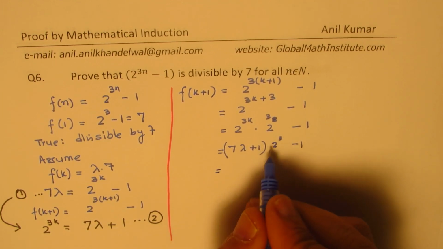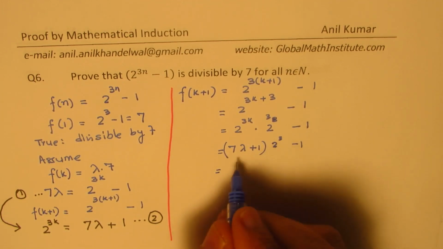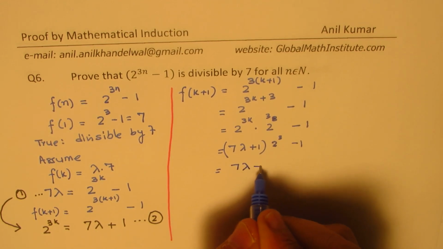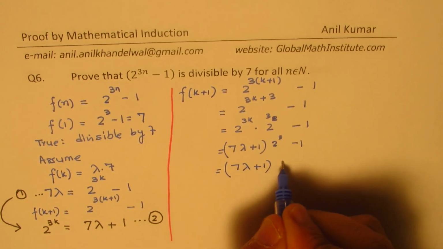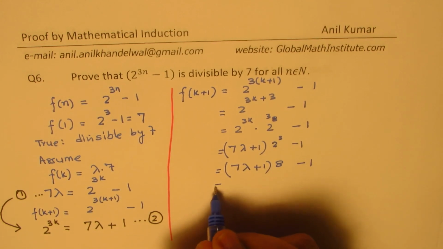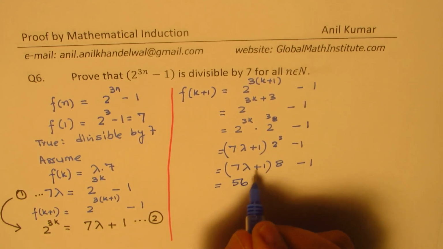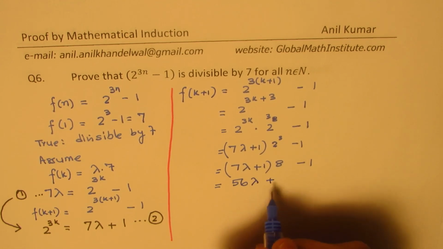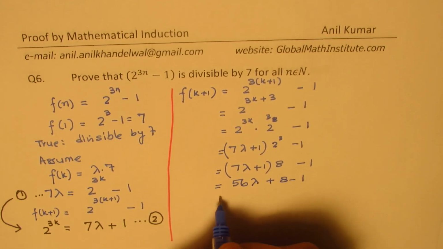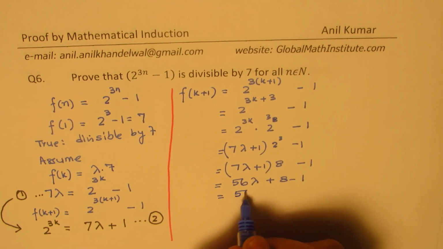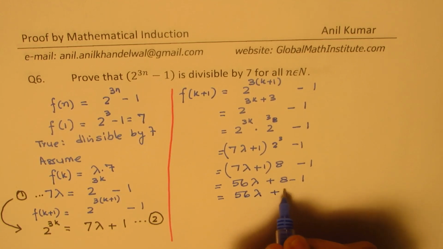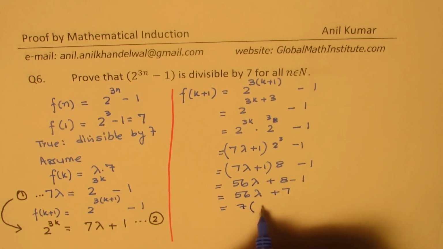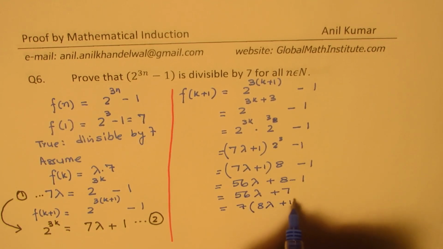So we get 8 times 7 lambda plus 1, minus 1. So that gives us 56, which is multiple of 7, lambda plus 8 minus 1, or 56 lambda plus 7, correct? You could also write this as, well, you can take 7 common, 8 lambda plus 1.